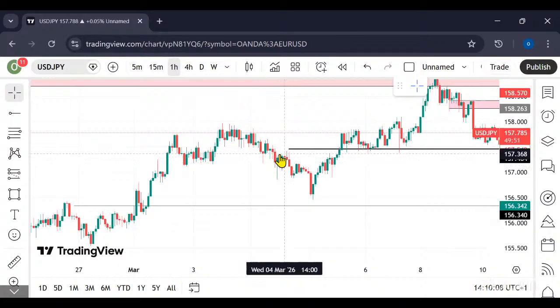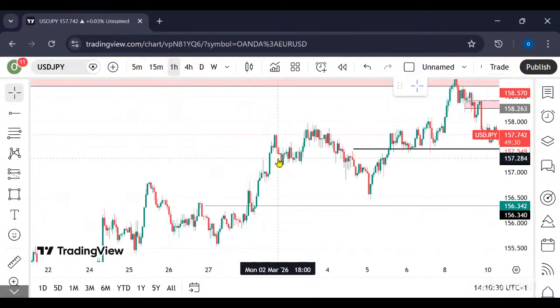Here you can see a hammer. This is not your point of entry. You're not looking forward to enter here, and it just happened randomly. You see that the market did not buy, even though those candlestick formations appeared. I get it. I understand.